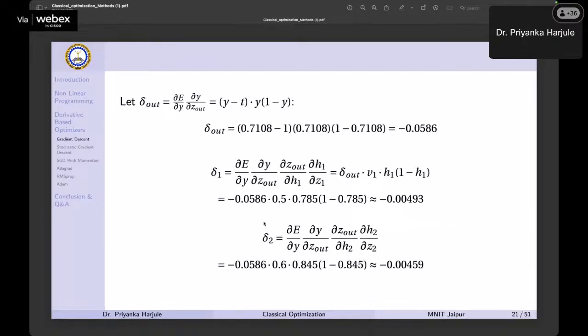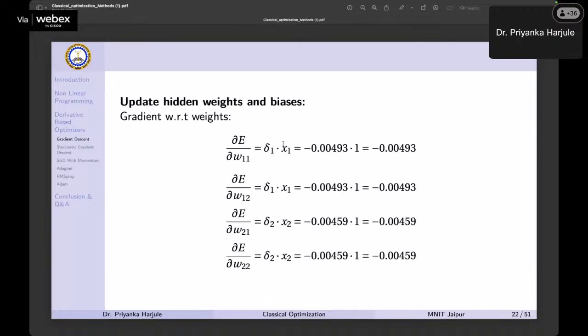So here in this slide we have saved this particular change in a variable called z delta out, and then we use it to further find the other part of the chain rule, that is with respect to H1 and then H1 with respect to Z1. So finally we have only one term left here, which is taken care of in the next term.